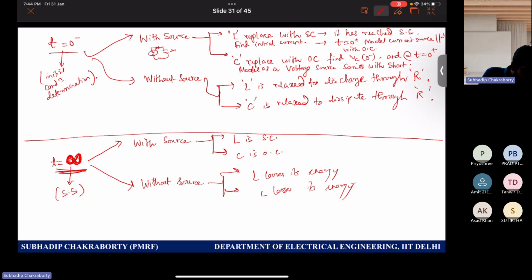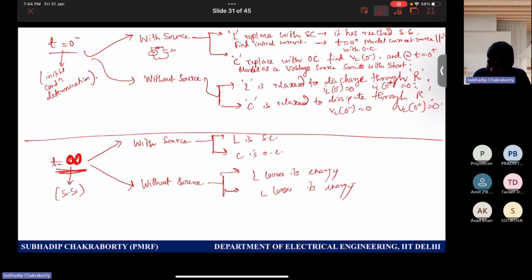But at t equal to 0 minus, if it is without any source, then IL 0 minus would have been 0. So IL 0 plus would have been 0. How will you model IL 0 plus? Or VC 0 minus equal to 0, VC 0 plus equal to 0, because the initial circuit was without any source. So all would have discharged by then. Then at t equal to 0 plus, it would also have been 0.